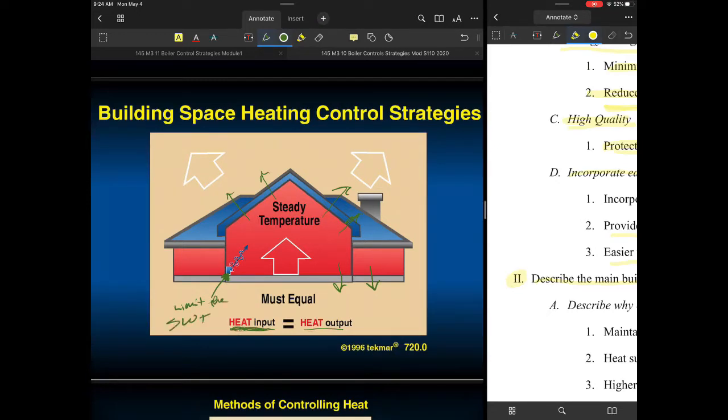So this is what we really want to try to do. The only way that I'm going to be able to achieve that is I'm going to need to have a strategy that will, let's say, limit the supply water temp. Now, in the previous module that we had talked about heat emitters, one of the things that we dealt with there was if we can manipulate the water temperature going to each one of those heat emitters, we will indeed change the output of those emitters.